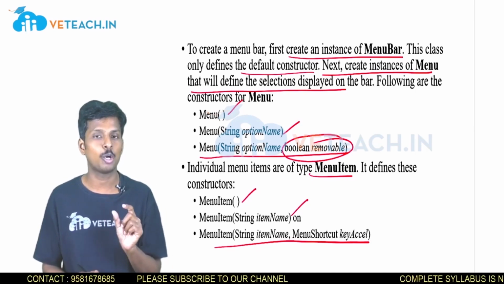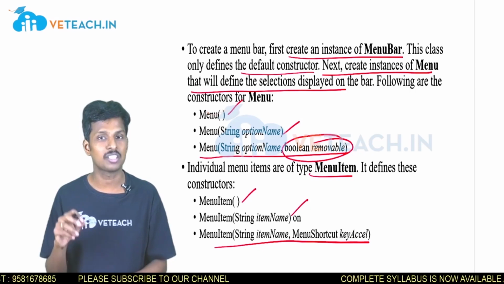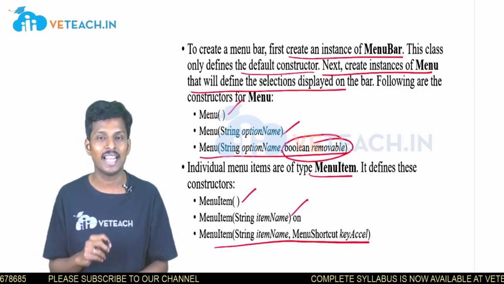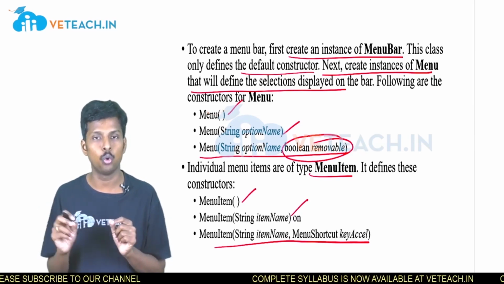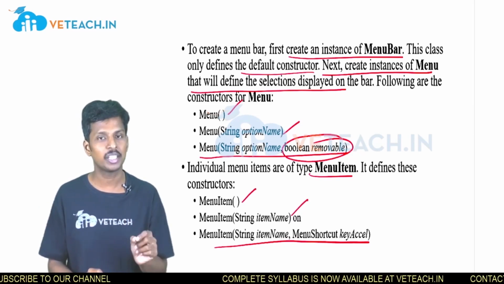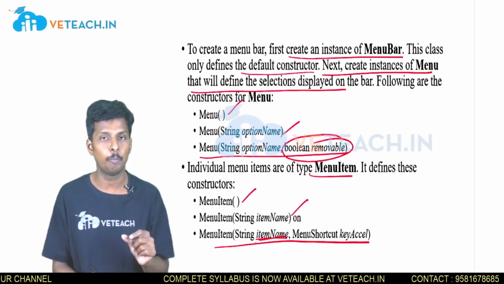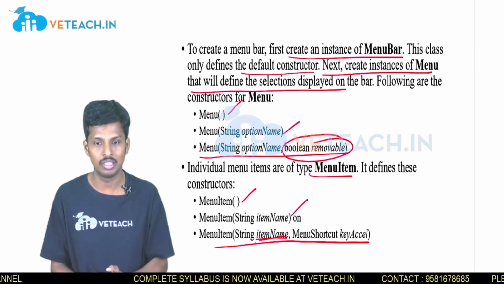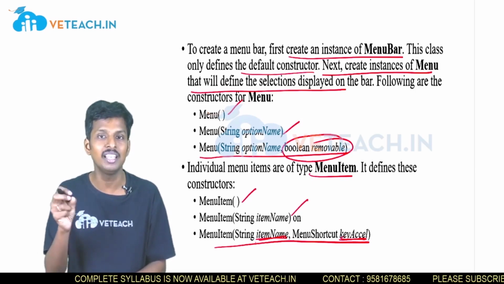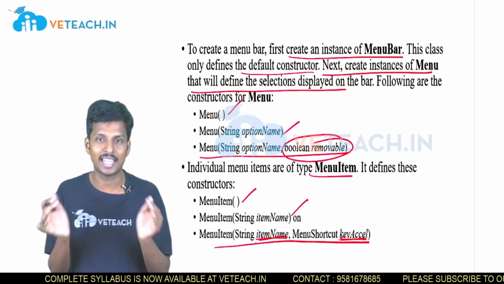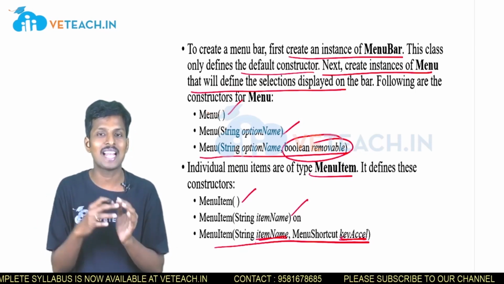Beside each and every option that is present under File, we have options like Control plus N, Control plus O, Control plus S. These are Save, Control plus S; Open, Control plus O; New, Control plus N; Quit, Control plus X. So these are all the item names like Open, Save, Quit, New. Key accels are the shortcuts that we place beside each and every item. Means we can create a menu item with just a name or with a name as well as a shortcut key.